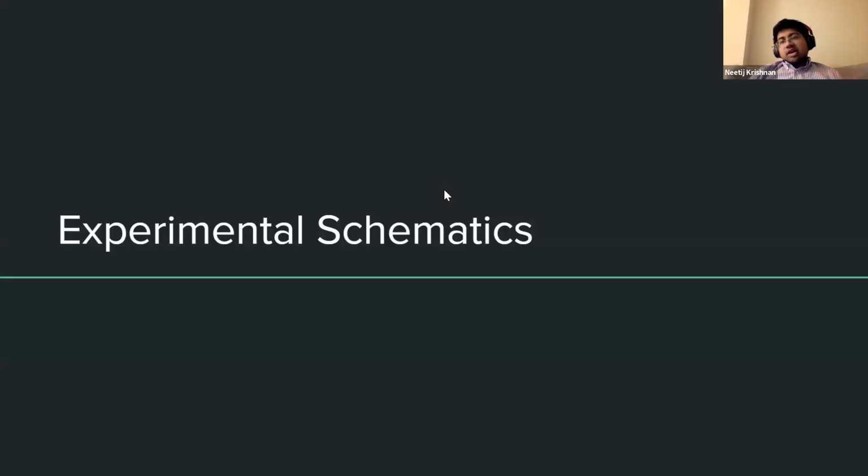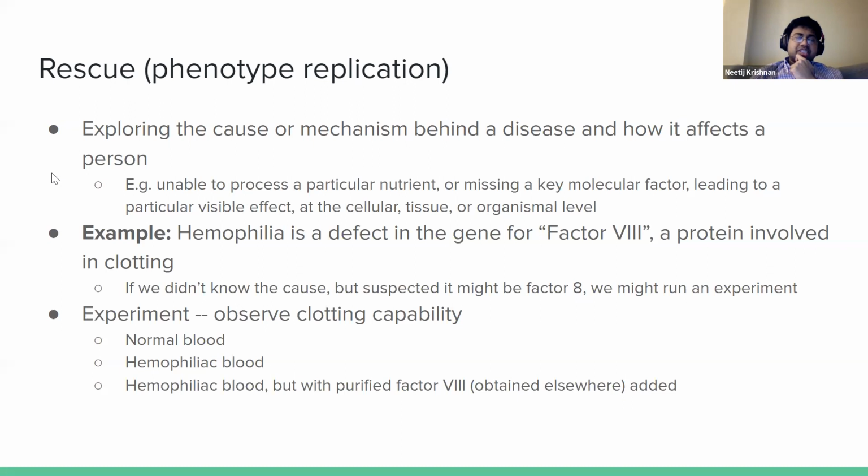So in the biology and biochemistry section, you'll often find there's a limited number of possibilities for what kind of experiments they can hit you with as far as analyzing a paper, for example. One common one is a rescue, which is a form of phenotype replication.